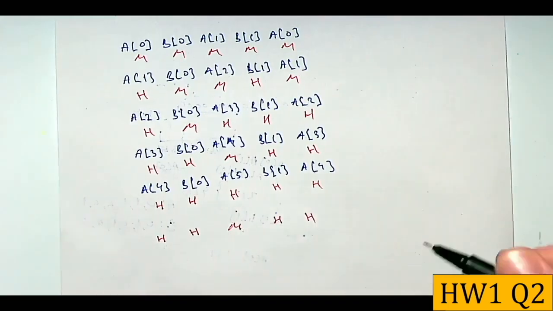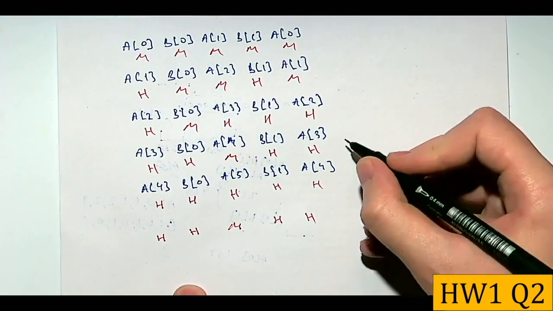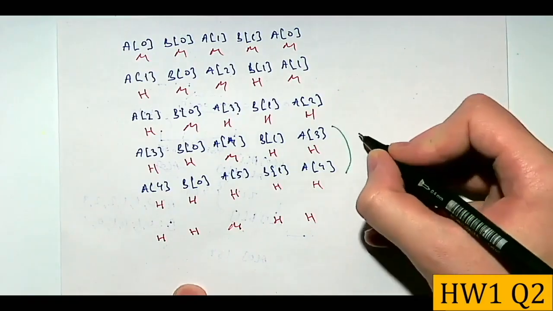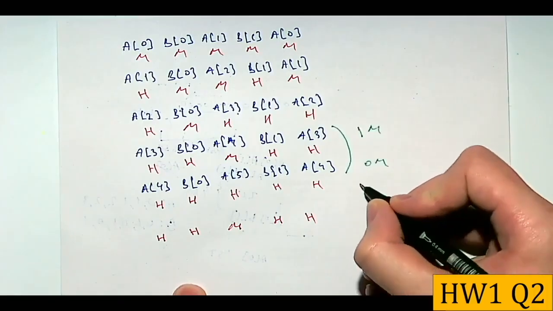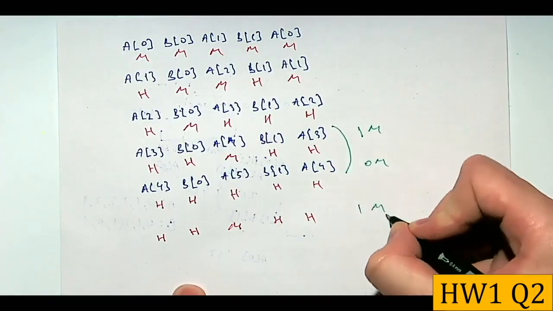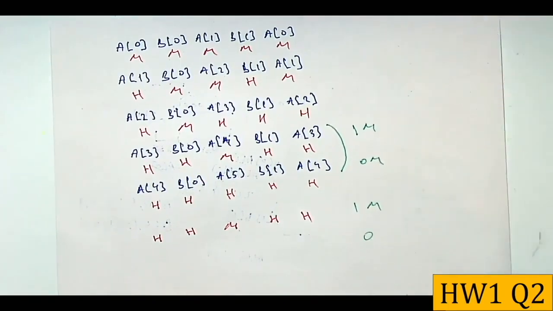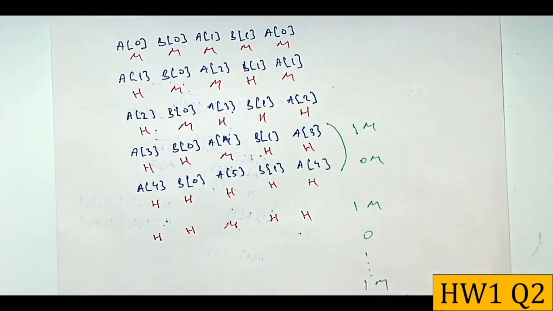Okay, so starting from this iteration here, we will have 1 miss and 0 misses, right? And those will interleave. 1 miss, 0 miss. We know that in total we have 16 iterations, so we will end with 1 miss, right? Here.